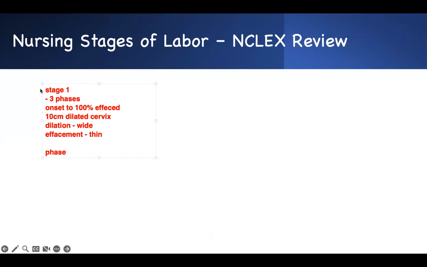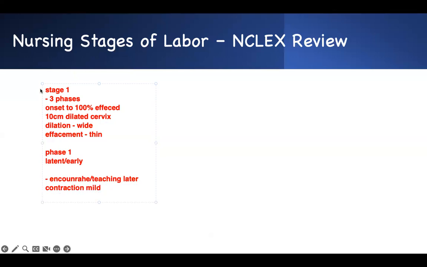The first phase of stage one is the latent phase. This is the early phase. This is usually where there's nothing going on. The most important thing is to encourage the mommy, teach them about labor, what to expect. They may have apprehension. Their contraction is very mild, right?